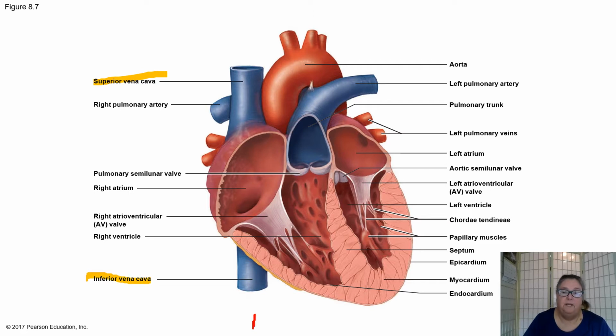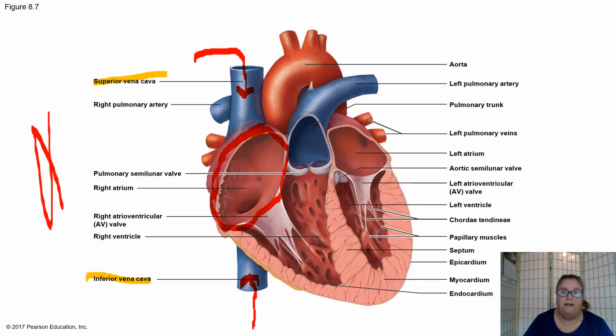The blood is coming up in the inferior vena cava and flowing down in the superior vena cava, and that blood is arriving at the right atrium. So remember, as you're looking at this, it would be like looking at your patient. So this is the right side of the patient's body, and this is the right atrium.